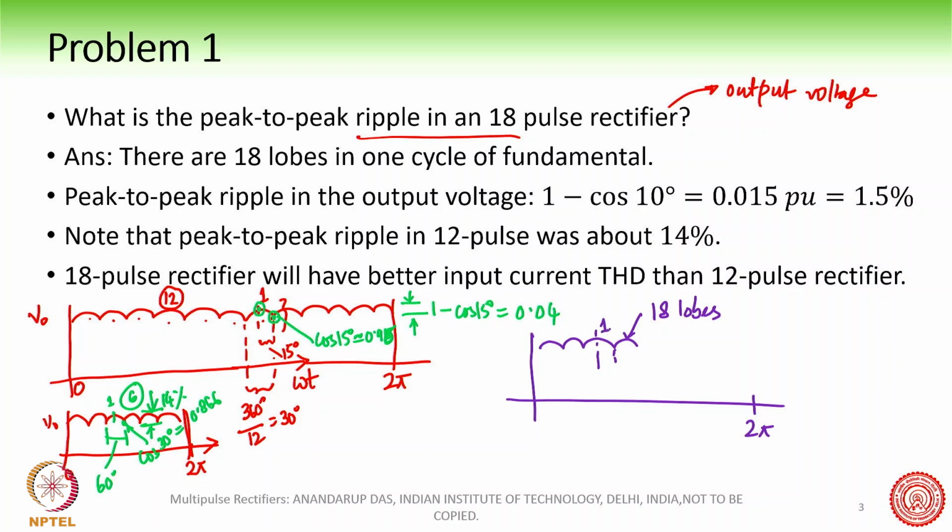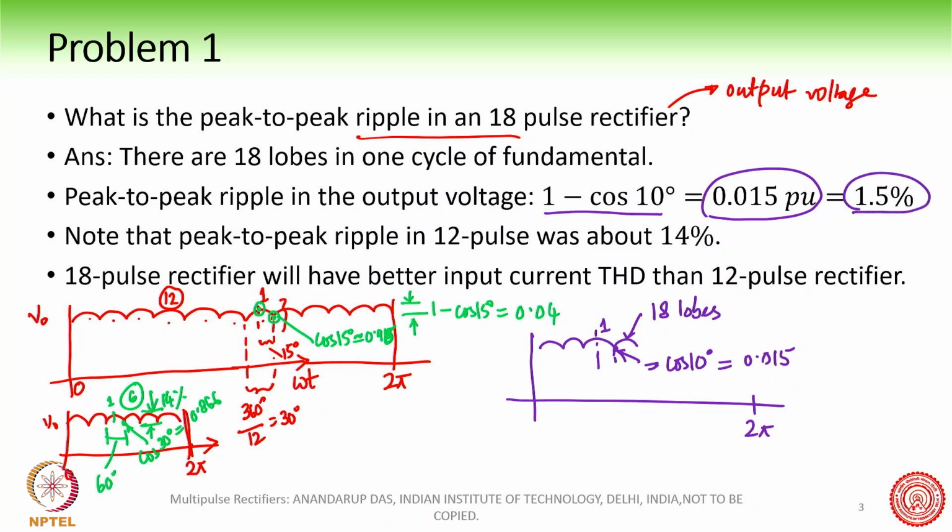If I take the maximum as 1, one lobe is 20 degrees, so half is 10 degrees. The minimum value will be cos 10 degrees, which is 0.985. Therefore the peak to peak ripple in the output voltage is only 1.5%.